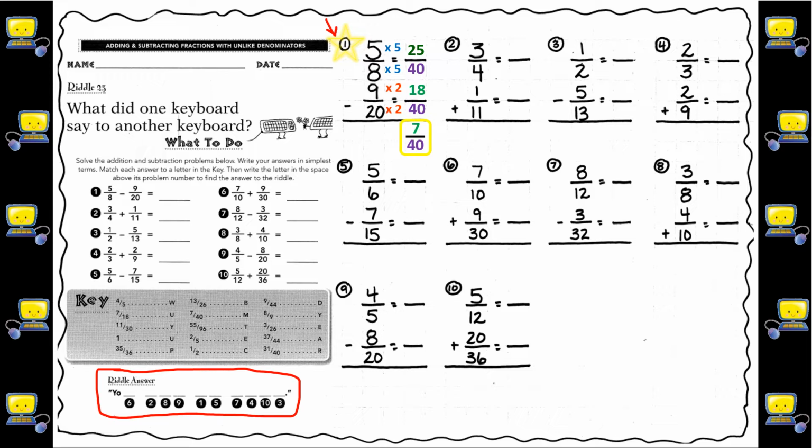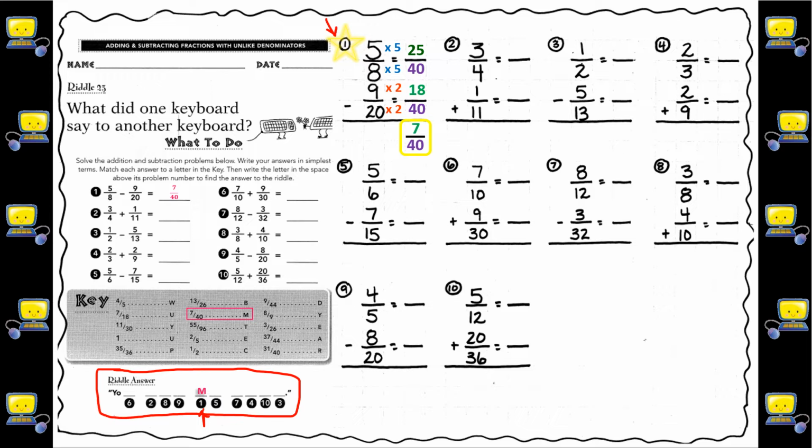So our answer is 7/40. This matches with the letter M in our key. So where you see number 1 down here, you're going to write the letter M.